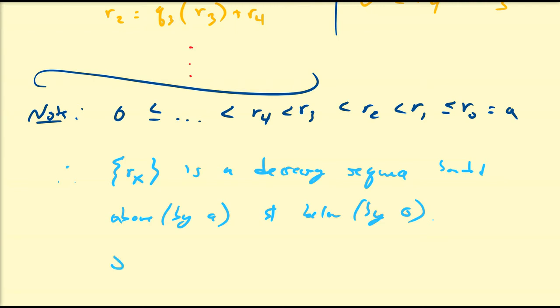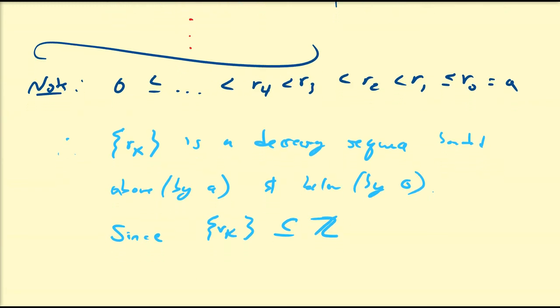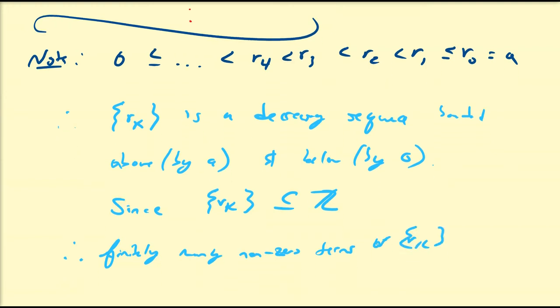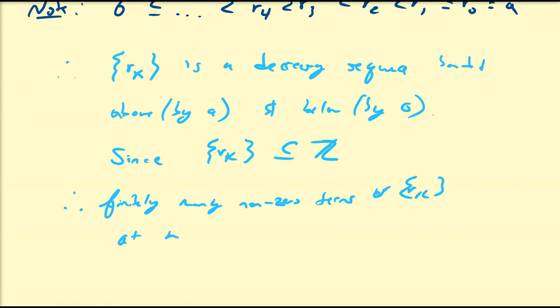Since this sequence RK is a subset of the set of, we can assume without loss of generality, positive integers, but I don't need to state that, that means there are finitely many non-zero terms of RK, namely at most A of them.